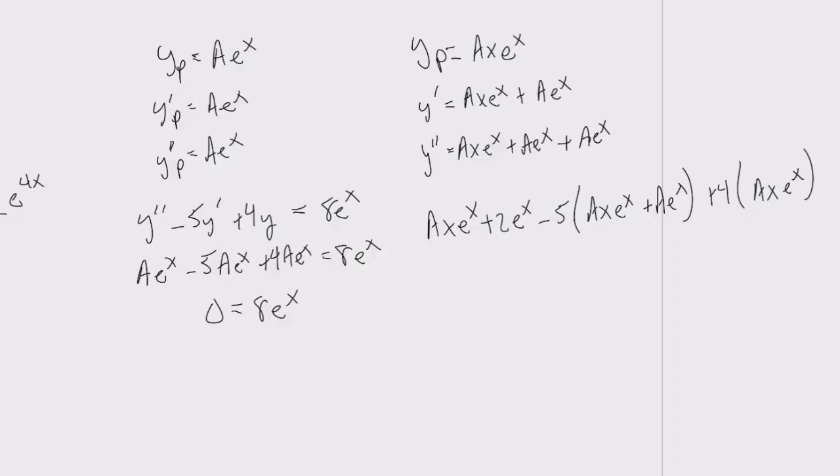All right, and if we combine all of these together, we eventually get negative 3a e to the x, and that's equivalent to what we had on the right side, which was 8 e to the x.